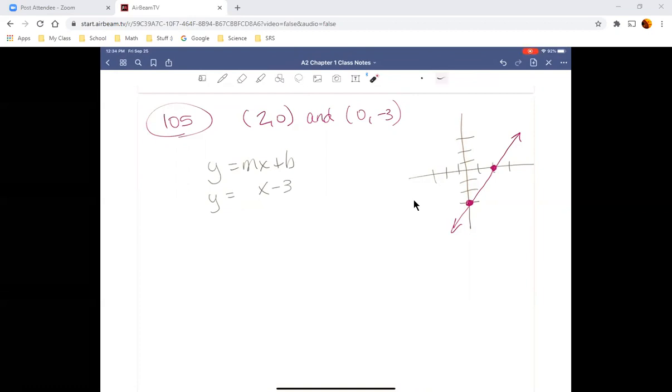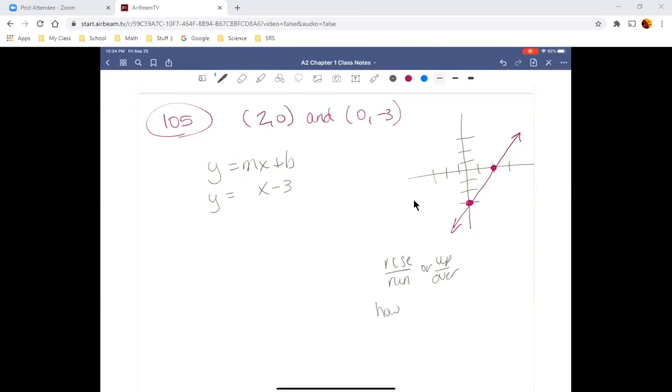So how do we find slope? Rise over run. What does rise over run mean? It's up over. So how many steps would you go up?